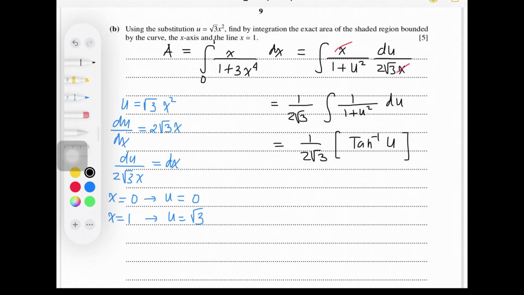So we put the lower and the upper boundary here, the ones that have been adjusted, from 0 to square root of 3. Substituting the lower and upper boundary, the final answer will be square root of 3 over 18 pi in exact form.